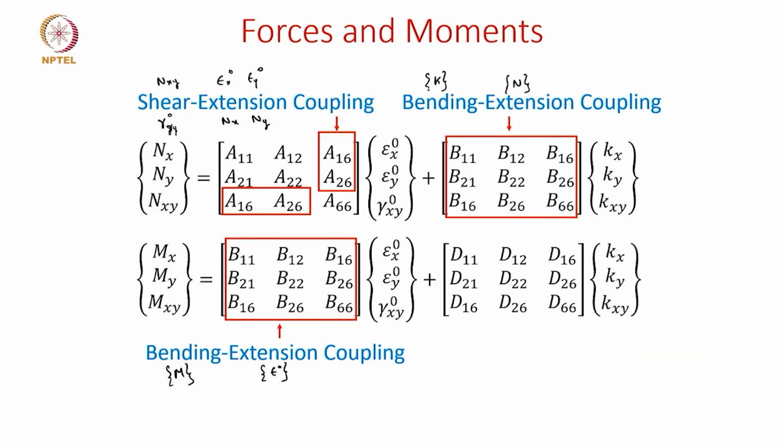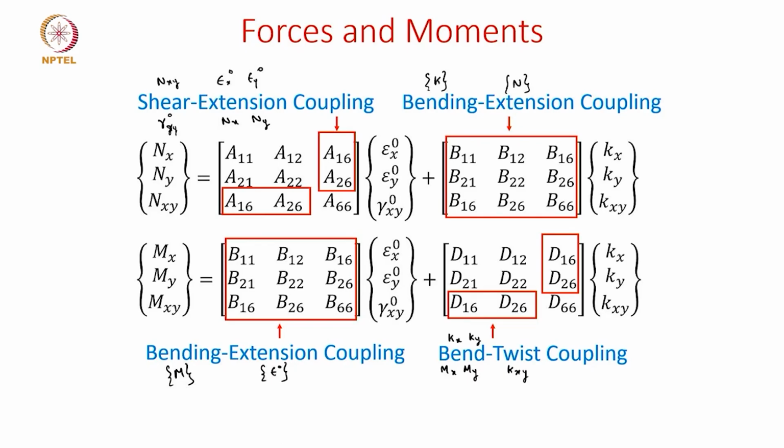And lastly, when we look at the D matrix, here too D16 and D26 have a special interpretation because they connect bend and twist. So bending moments Mx and My are connected to the twist kxy, or these D16 and D26 connect the bending curvatures kx, ky with the twist moment Mxy.